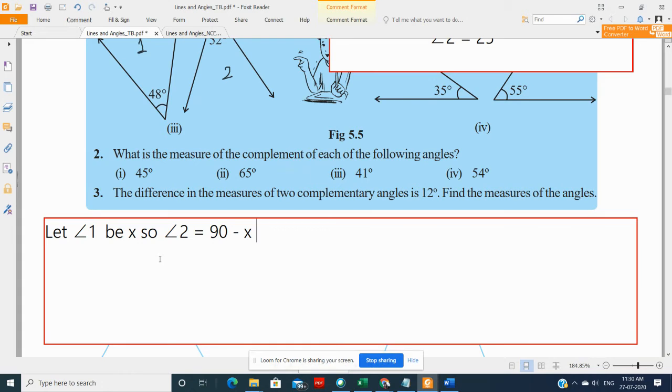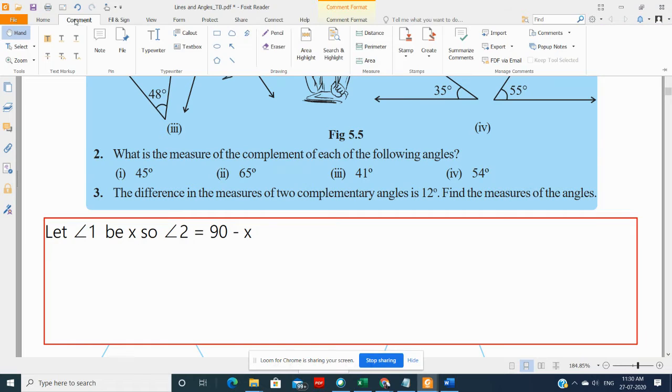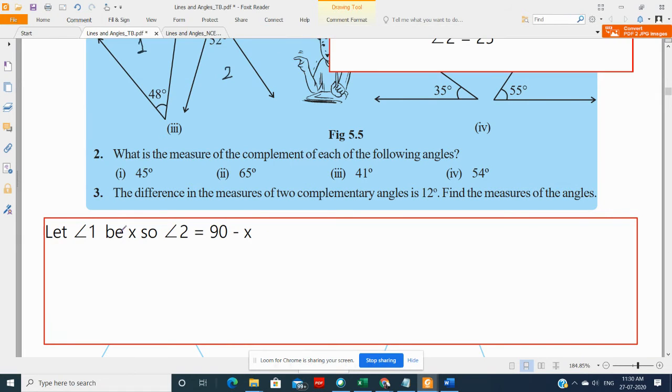See, read the question properly first. The difference in the measure of two complementary angles: when we talk about two complementary angles, they sum up to 90. We have already seen that to find the complementary angle of a given angle, we need to subtract the given angle from 90.